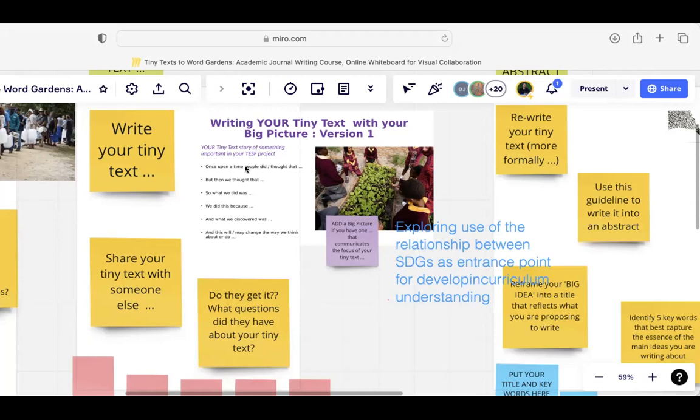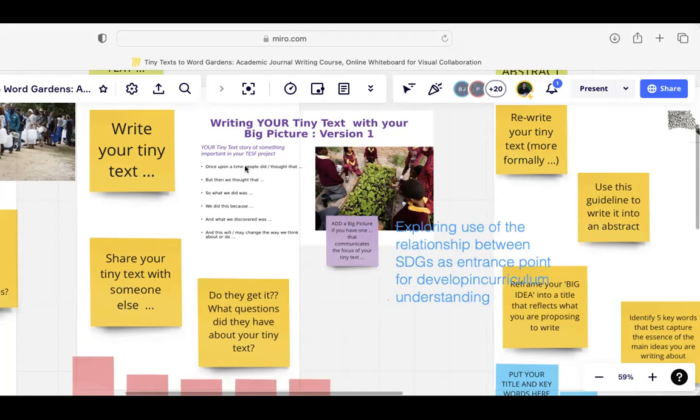So one very important thing to do in this entire project of doing this writing work is to demystify peer review, and to not see it as a nasty thing, but to see it as a very helpful process. We want to help each other, so we're going to ask all of you to be helpful to each other, to listen to the tiny text of someone else and then tell them whether you got it or whether you had any questions.